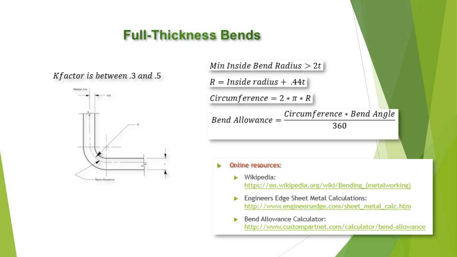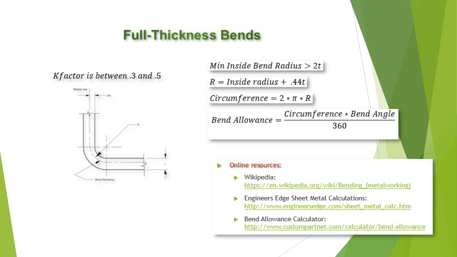Basically, mathematically, if you look online at all these resources, all the people who do bending tell you that the K factor, which is the distance between the inside surface of the metal and this median line, the line that doesn't change length during the bending operation, is between 0.3 and 0.5.